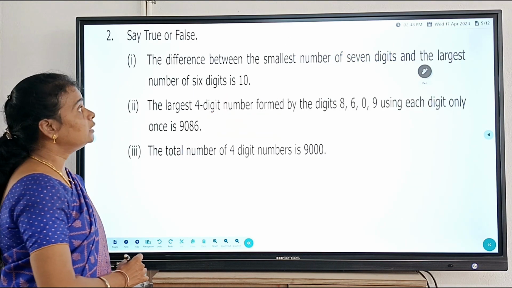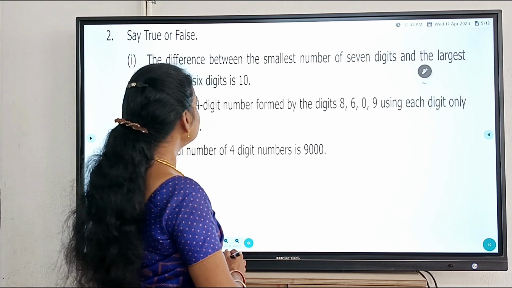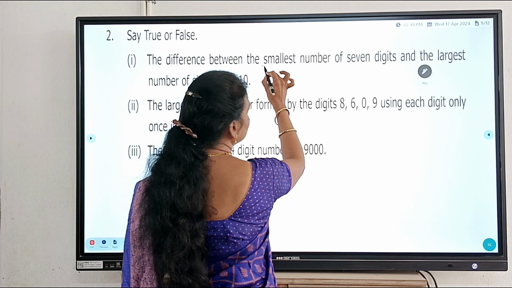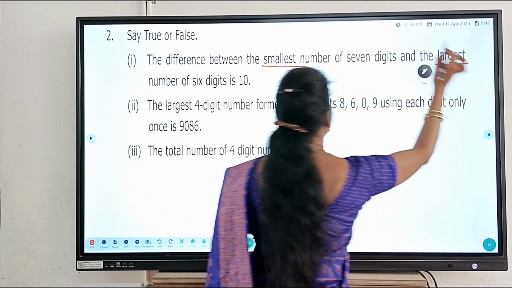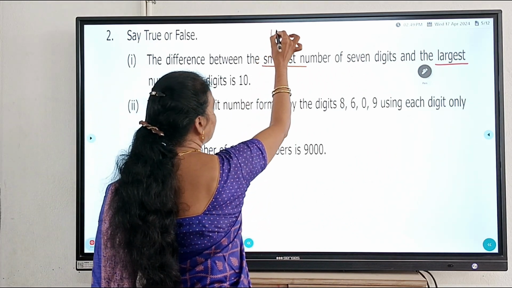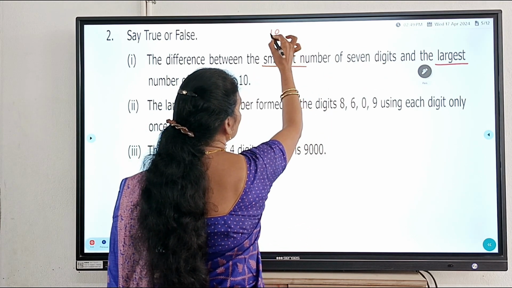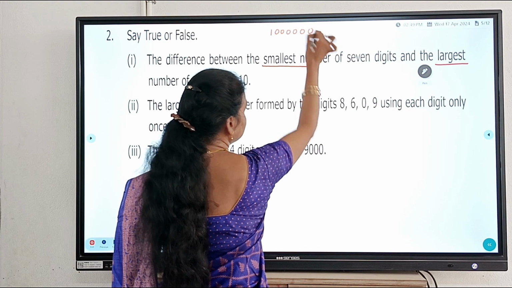Next, true or false. The difference between the smallest number of 7 digits and the largest number of 6 digits is 10. How to find the smallest number and the largest number we learned in the previous exercise. Smallest means you must get 1 and 0 in your mind, and the smallest number of 7 digits is 1, 0, 0, 0, 0, 0, 0.